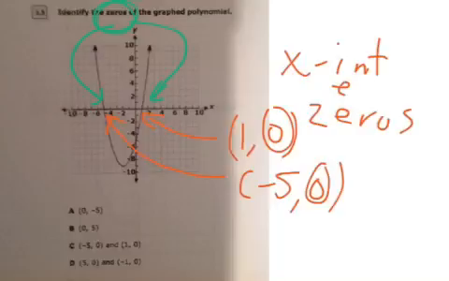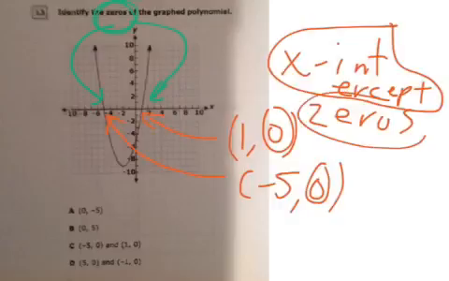Okay, x-intercepts is another good name for zeros. Sorry, I ran out of room there. But anyway, if you look here, you can see the only one that matches my answer is C right there, right? Our zeros are at negative 5, 0, and 1, 0. So pause the video if you need to, guys.